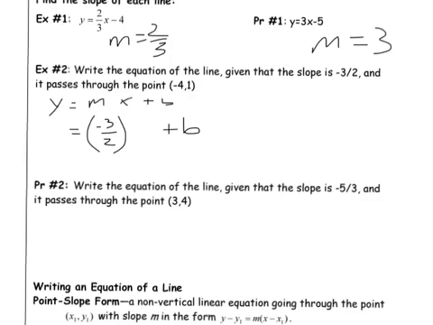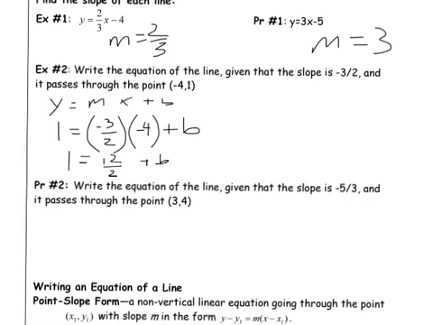And I say temporarily because in order to have the equation, we need to have just a regular x there and a regular y. But we could plug it in to figure out what b is and then rewrite the equation. So let's go ahead and solve this out. -3 times -4 is +12 over 2.